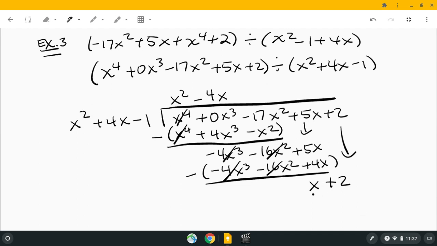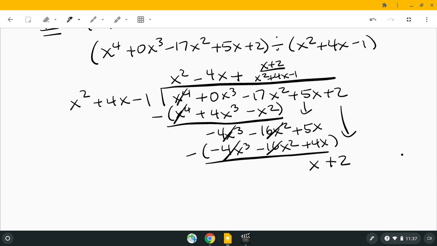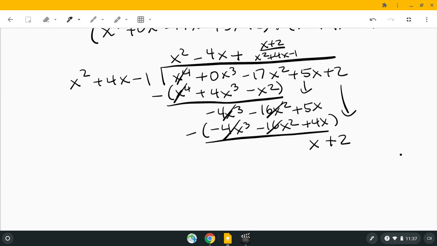When you are a smaller degree than the polynomial over here, then this is a remainder. Okay, so we would go ahead and put plus x plus 2 over x squared plus 4x minus 1. Okay, so that would be your answer. So the answer is x squared minus 4x plus x plus 2 all over x squared plus 4x minus 1.